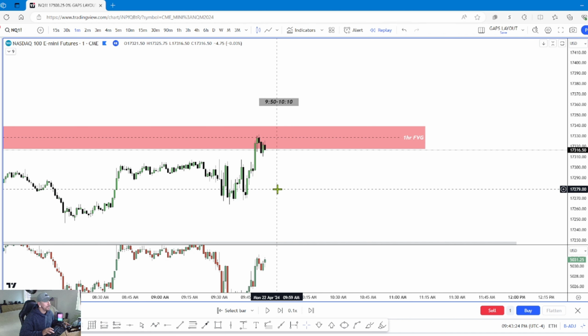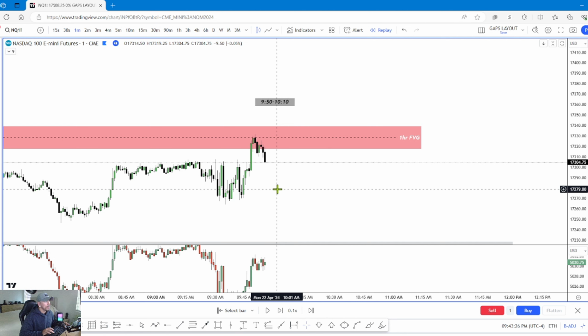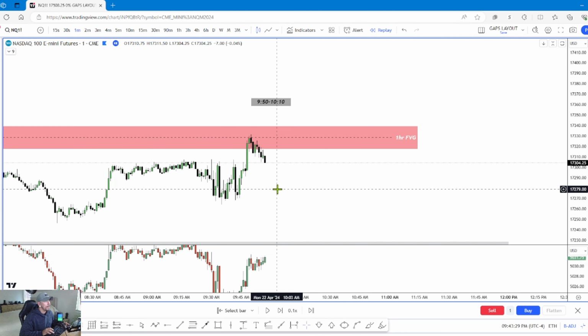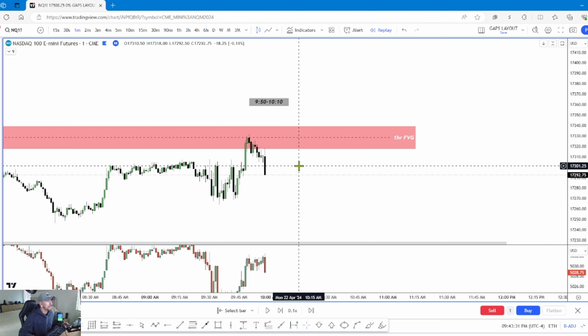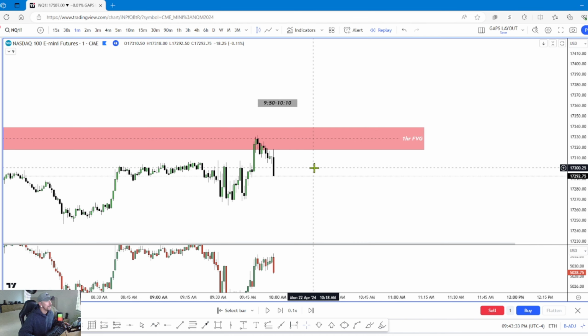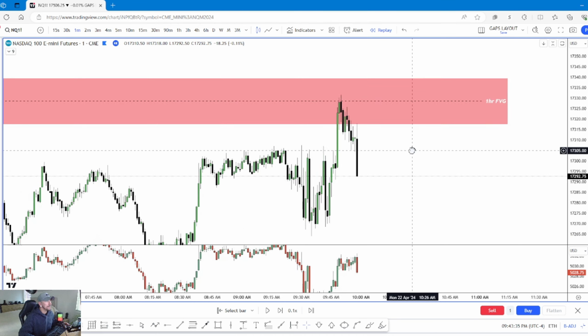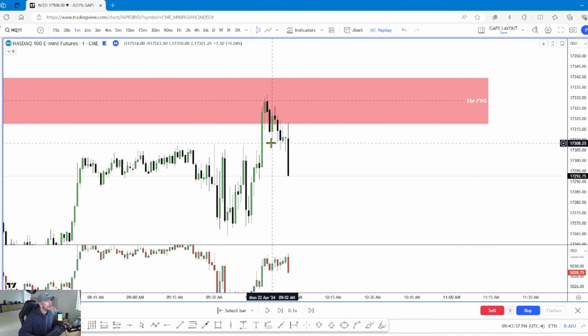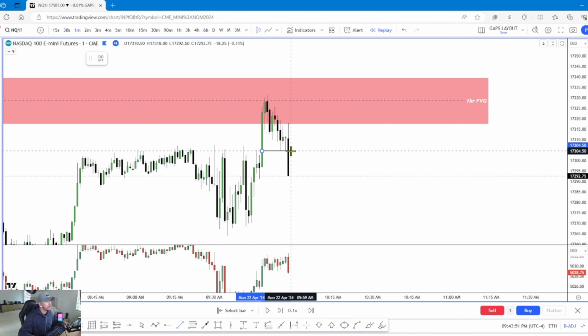We need displacement, market structure shift. So here we have this swing low in here. We have this huge displacement. We get one sign here with candle closure, and then another swing low with this huge displacement candle in here.